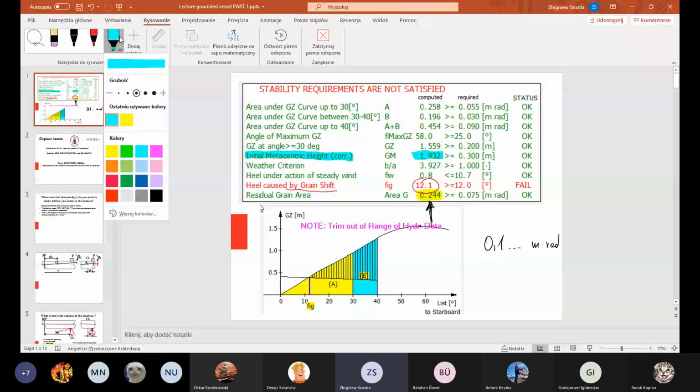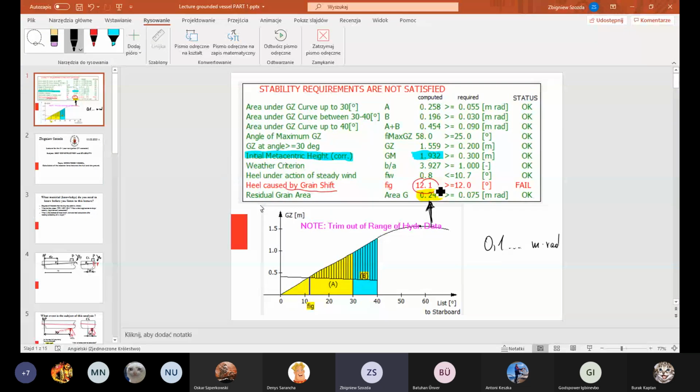Okay, if I remember the discussion, there was a moment of the discussion about what shall be done to have all the criteria satisfied, all of them, including the heel caused by shifting of grain. And it seems to me Batuhan had a proposal. Batuhan, could you repeat what was your idea?